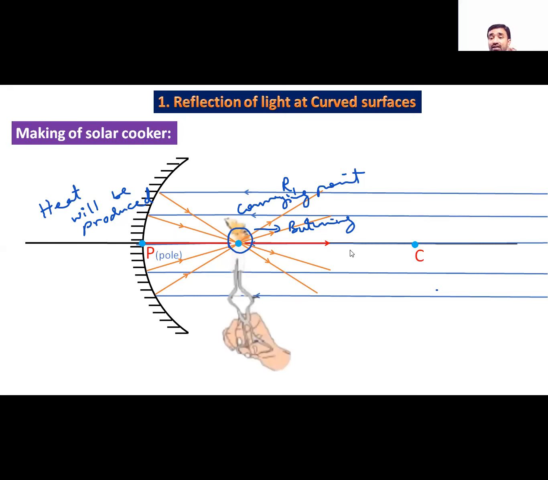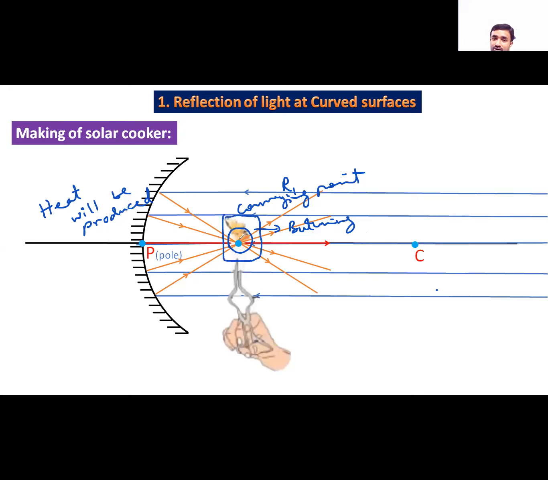If you put a vessel at a point where you can choose the position to place the object to make it hot, a cooking vessel, where should we place it? For heat, where you choose the position for the vessel, at the converging point.